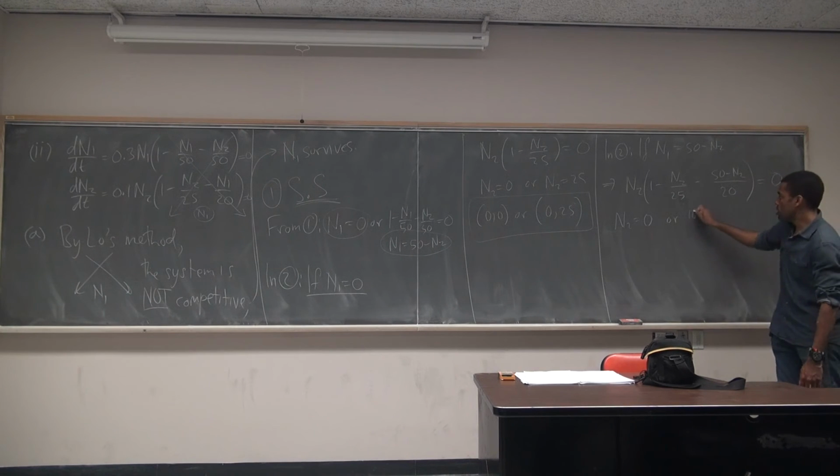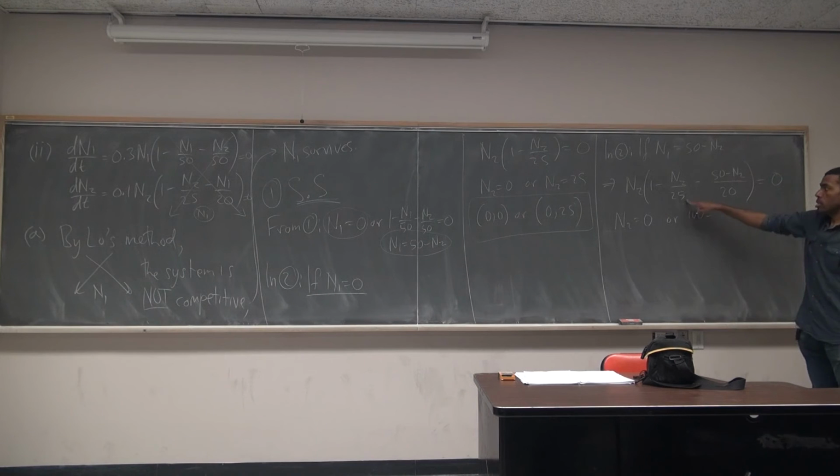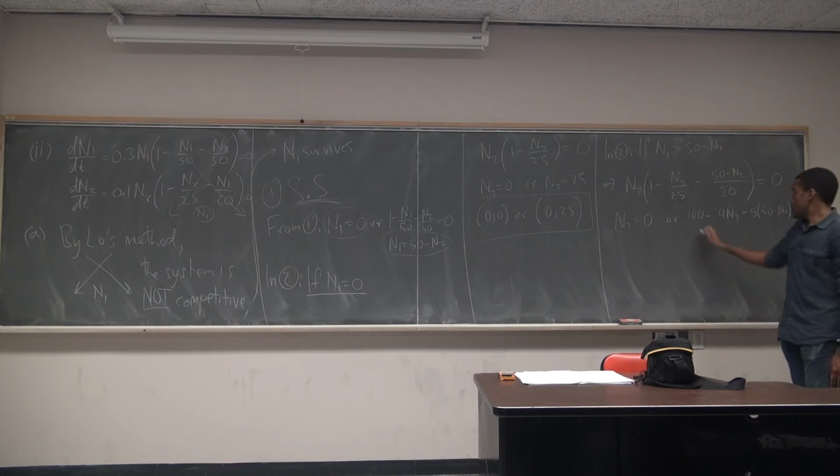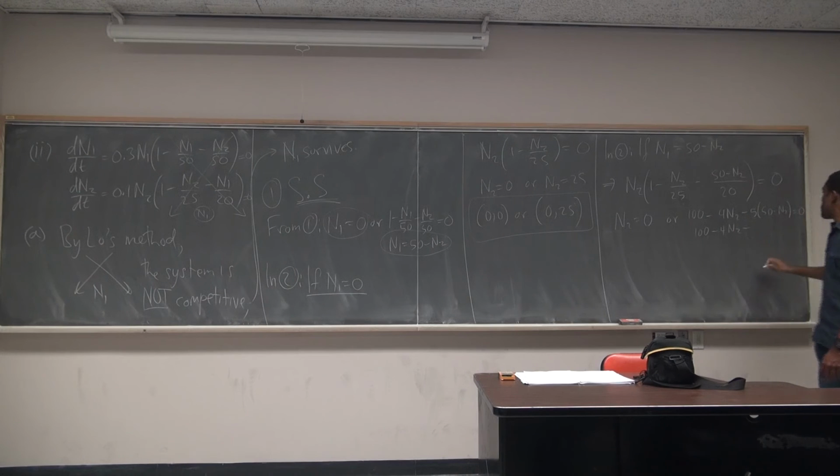I will have 100 minus 4 n2 (the 25 cancels out) minus 5 times (50 minus n2) equals 0. So here I have 100 minus 4 n2 minus 250 plus 5 n2 equals 0.